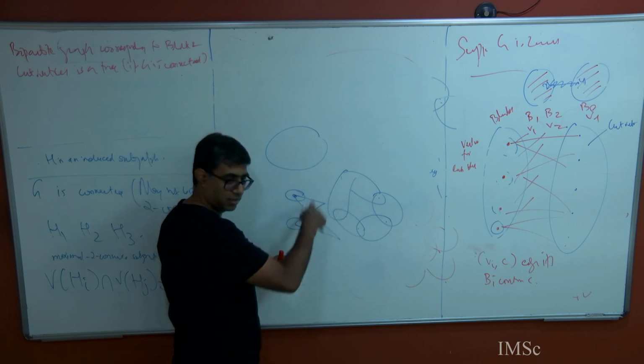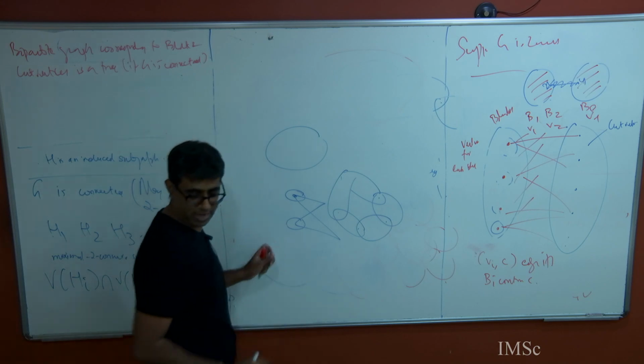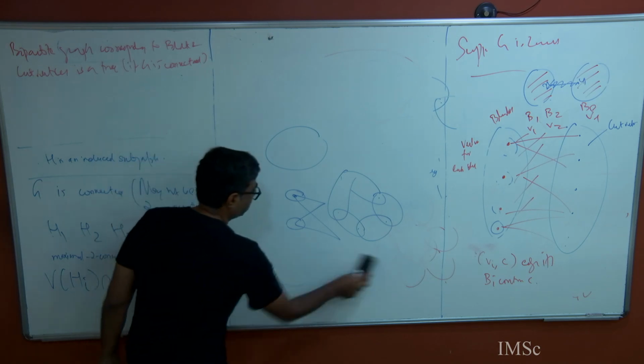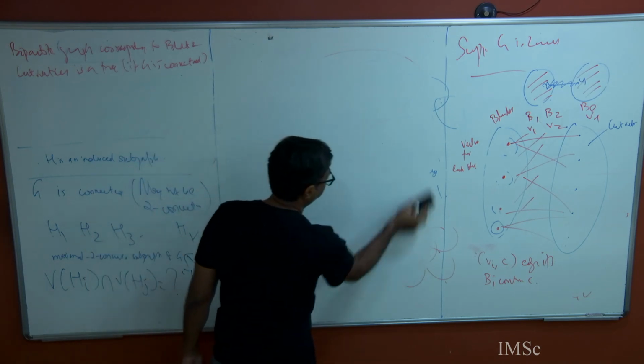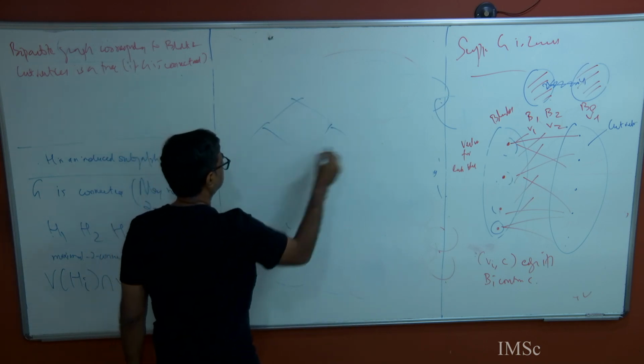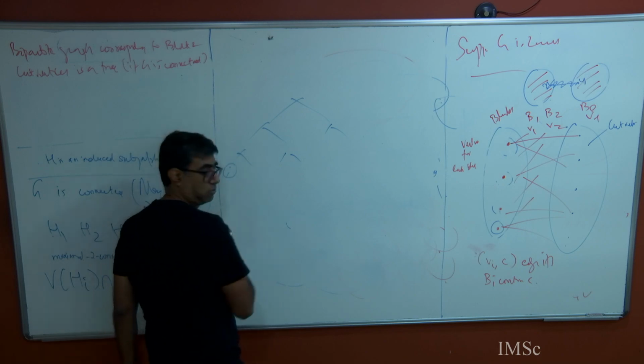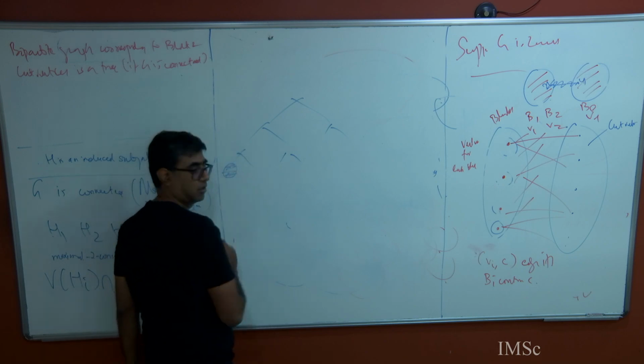But then you will start getting some funky thing here. So that kind of thing cannot happen. So basically you get a tree structure, okay, and each vertex will either correspond to a cut vertex or a block.